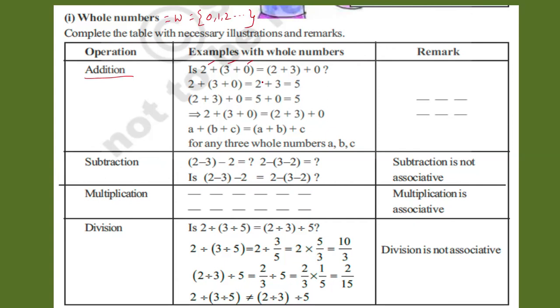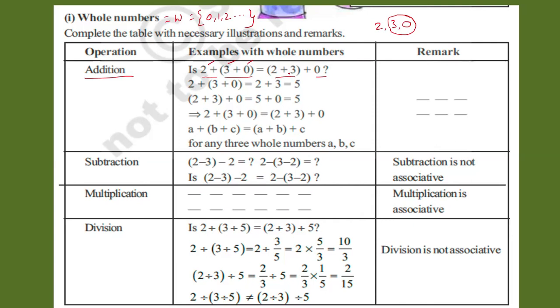Now you check there, in the first line, 2 plus 3 plus 0. Among these three numbers, 2, 3, 0, first we add the second and third, then after that we add the first one.